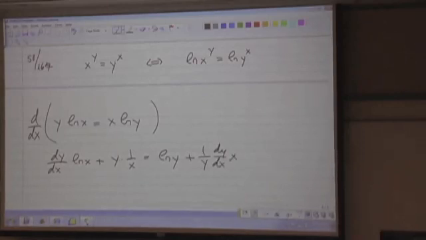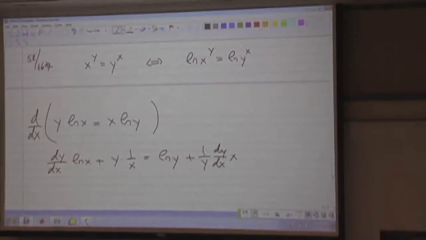Everybody follows? Based on the amount of people writing it out, I'm guessing that's not what you were actually doing. Is this making sense? There are two things here that you have to take into account. First of all, logarithmic differentiation. Second of all, this is implicit differentiation for all of them.